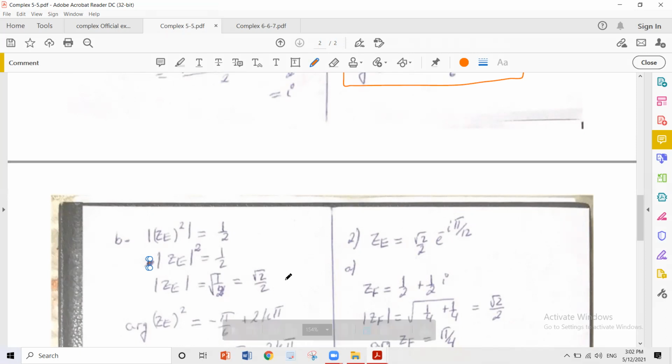Yes, what did you say, Thomas? Why does the square come out of the modulus here? Yes, we have the property: modulus of z to the n equals modulus of z, to the power n.